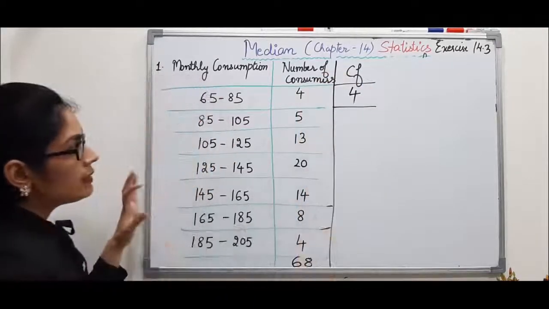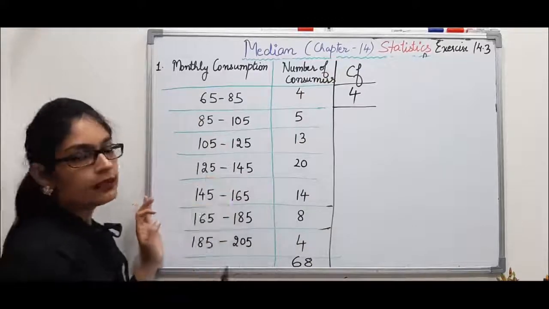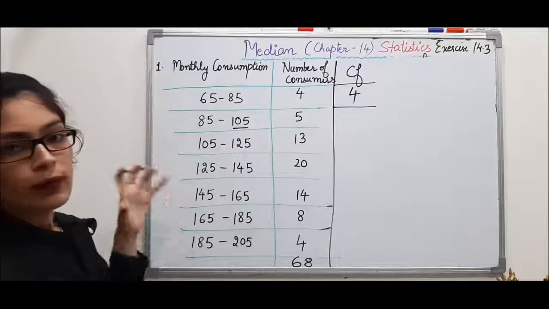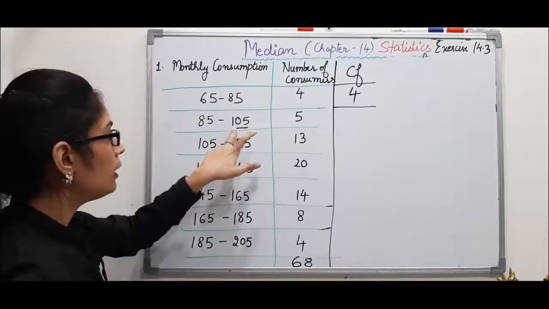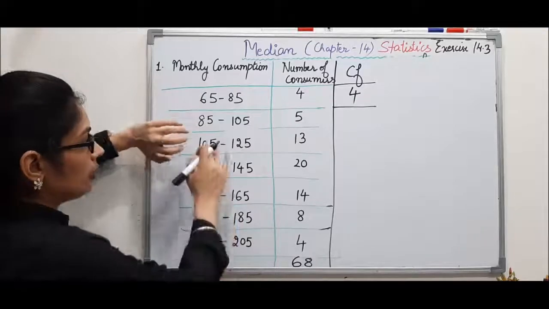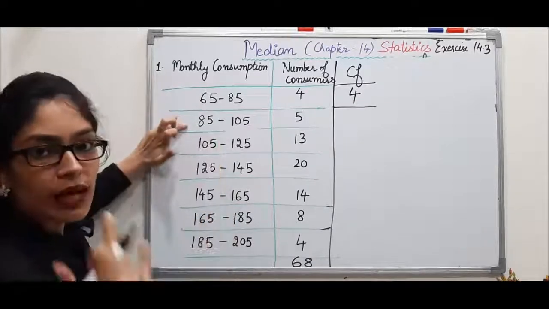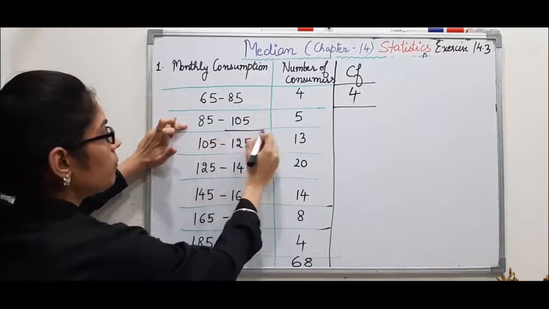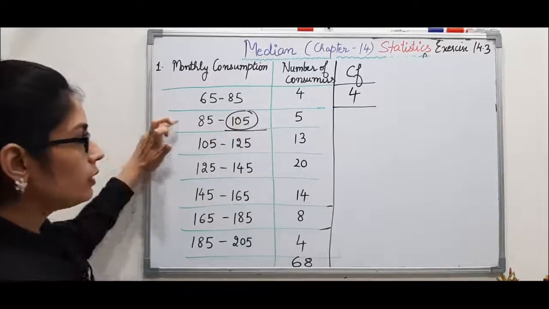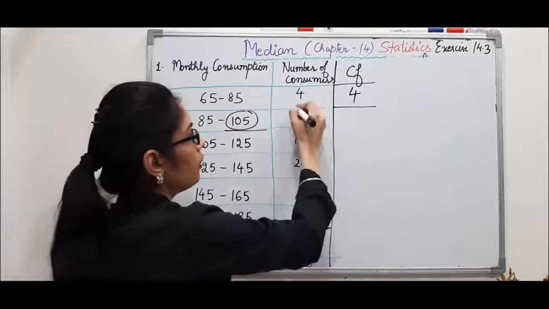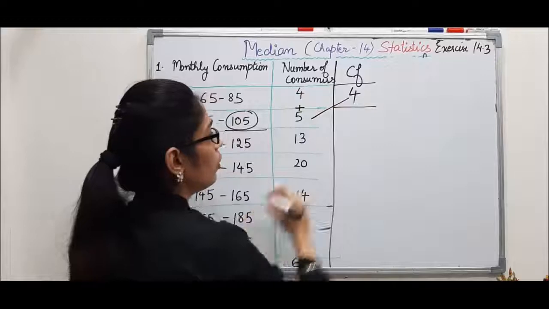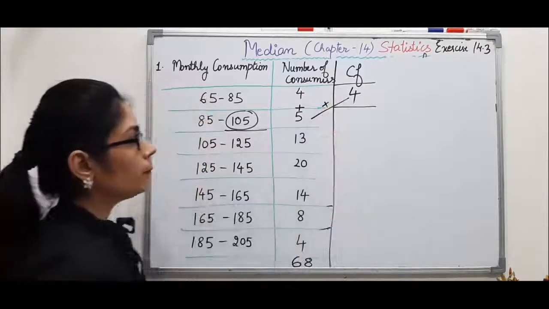For the second one, the class interval goes up to 105, so you have to write the frequencies till 105, which means total frequency. This is the interval 85 to 105, but we have to write all the frequencies till this number, so we add these two frequencies. It is better to remember it this way.